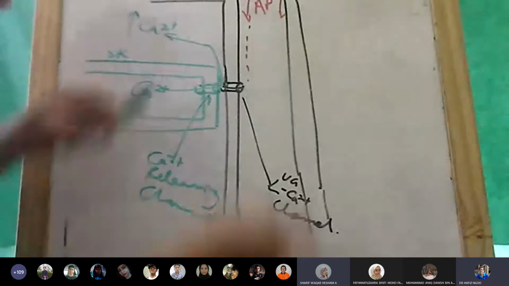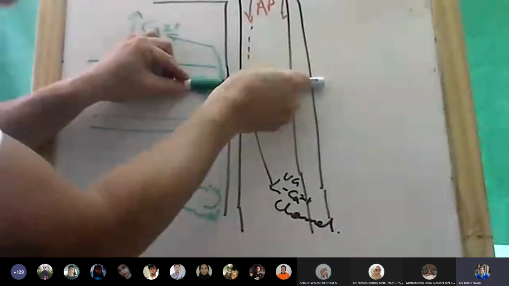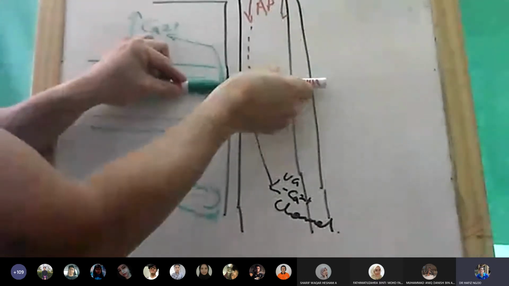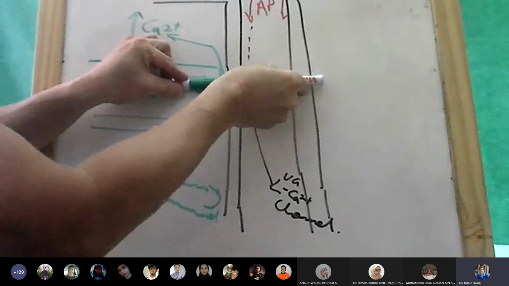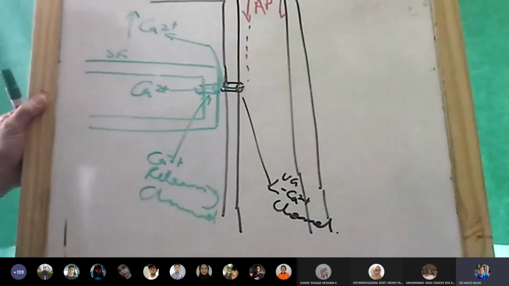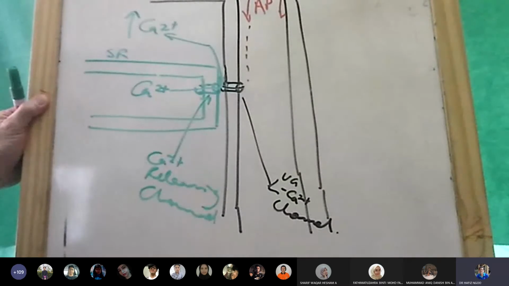The opening of this is just slight, allowing the calcium to release. If there's no action potential, they are aligned and close to each other, so basically the L-type calcium channels are closing the calcium releasing channels. Is that okay? Yes, doctor. Thank you.